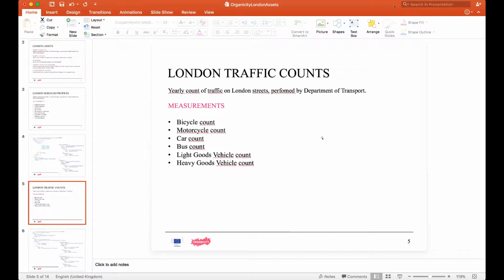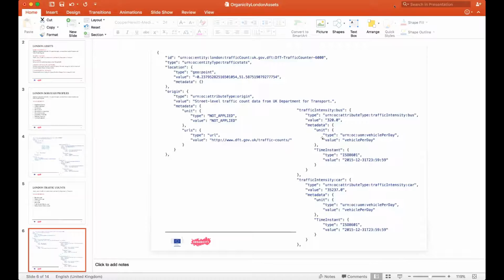And coming back to the JSON, it's very similar, except that the location is just a point, and here we can also see an attribute that is called the origin. It basically says where the data came from, saying that this comes from the Department of Transport.